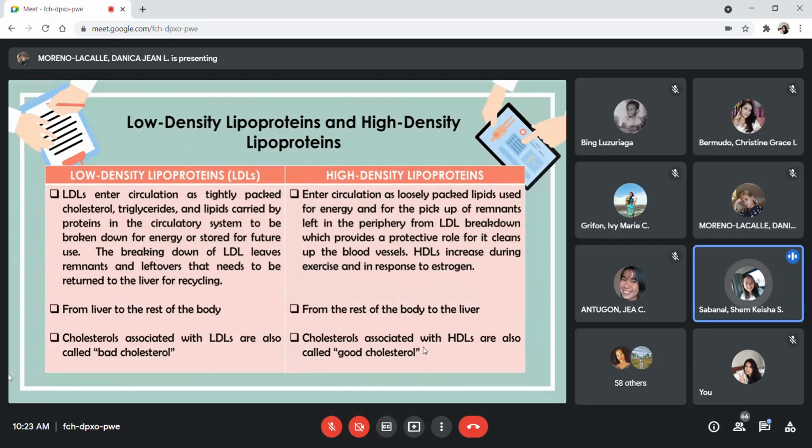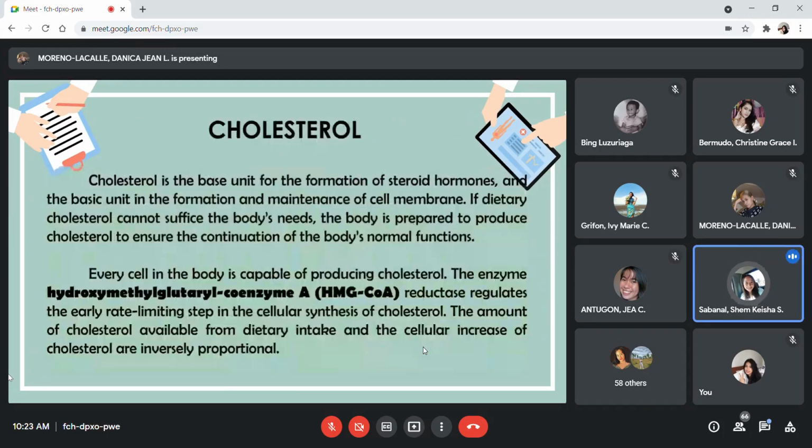That is why exercise is helpful for us. And aside from that, in women, we have the hormone estrogen, and this provides actually women a protection against the development of atheromas leading to CAD, because our HDLs also increase in response to estrogen. So that is all for our LDLs and HDLs. Let us move on to the next slide.